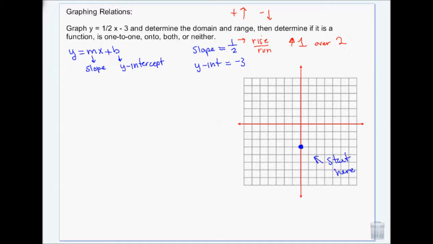From there, we're going to count up 1 and then over 2. And I'm going to do that a few times just to give myself enough points to draw a nice line. So start here and then go up 1 over 2. And then connect my dots.